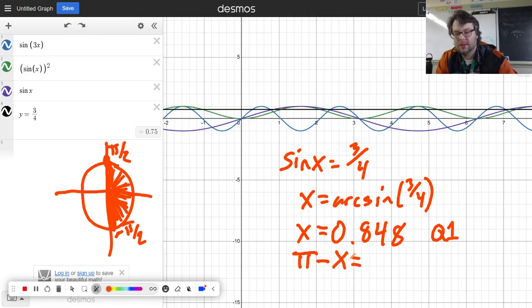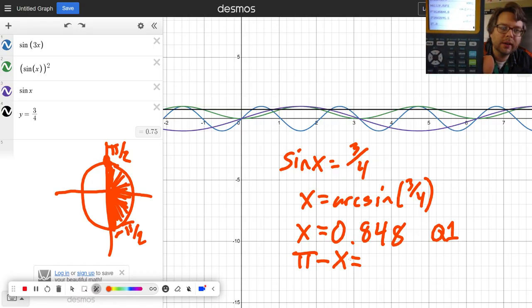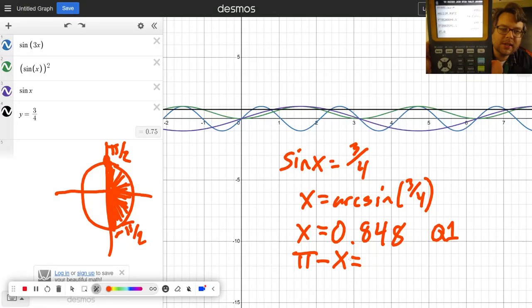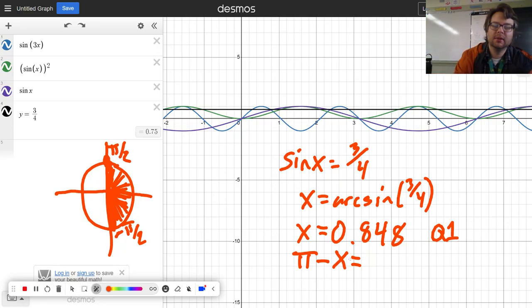And that'll give me the second quadrant value. And then, yeah, I just doubted it for a second, as happens. If I do pi minus x, I get that answer, the 2 point something. And then if I try plugging in sine of that, I get 0.75.